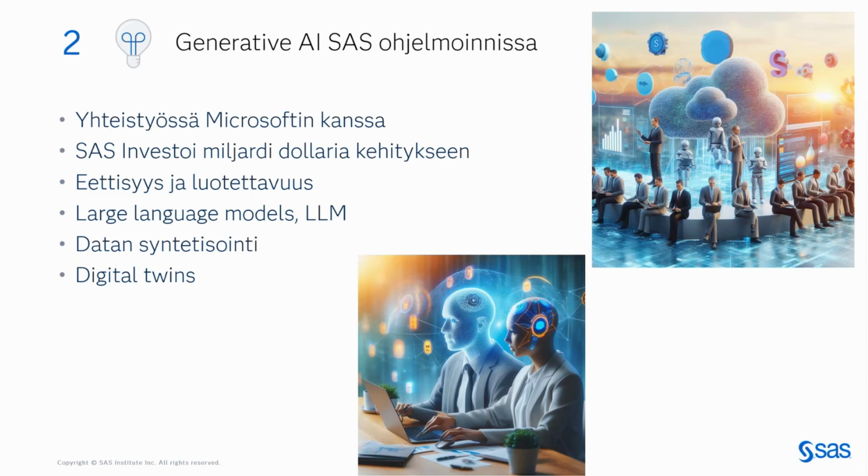Ja sitten on Digital Twins, joka on ehkä pikkasen huonosti generoitu AI-kuva, sillä ei varsinaisesti tarkoiteta ihmisen kaksosta, vaan tehtaiden tai muiden tuotantolaitosten tai prosessien digitalisointia, että voidaan sitä simuloida tai muuta.